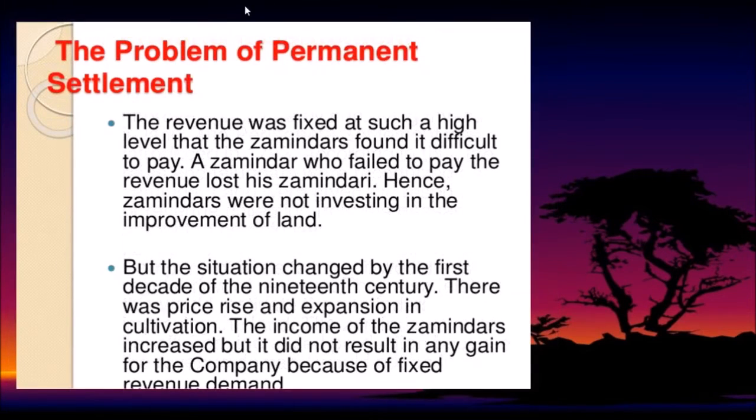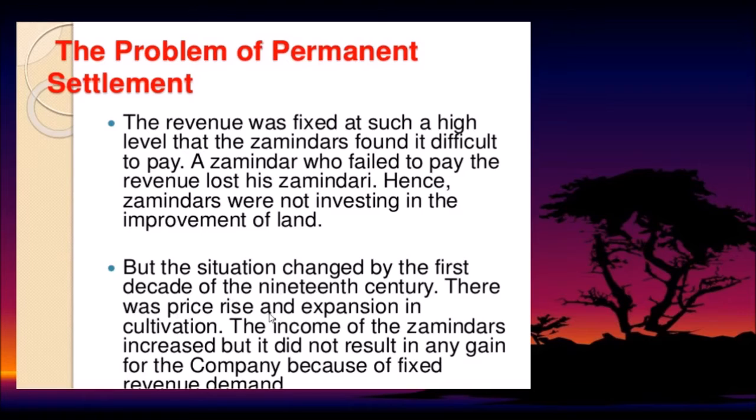Next, the problem of permanent settlement. The revenue was fixed at such a high level that the zamindars found it difficult to pay. A zamindar who failed to pay the revenue lost his zamindari. Hence, zamindars were not investing in the improvement of land. But the situation changed by the first decade of the 19th century.